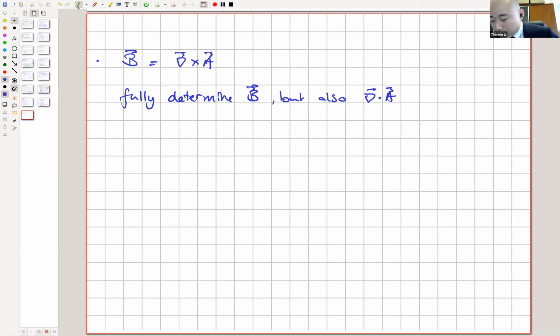If I want to determine B, I need to fully determine A, but I only know what the curl of A is. So I also need to know what the divergence of A is in order to be able to fully specify A, and therefore B. So indeed, the determination of the divergence of A is important, especially in this field.